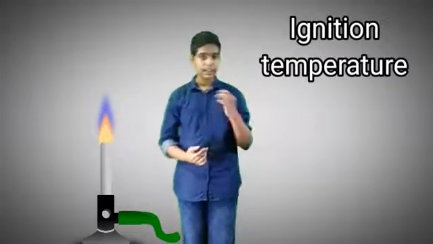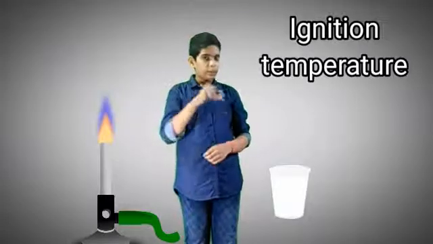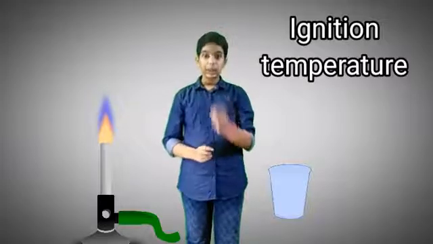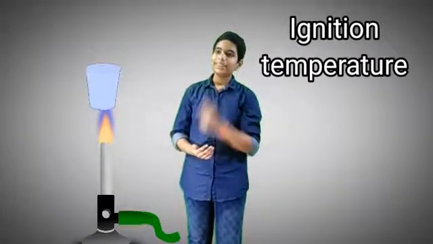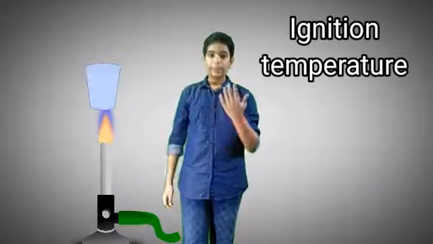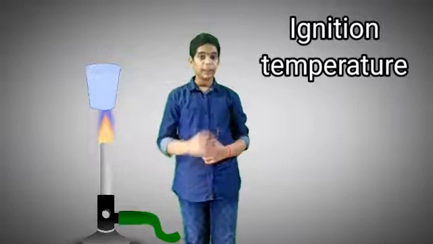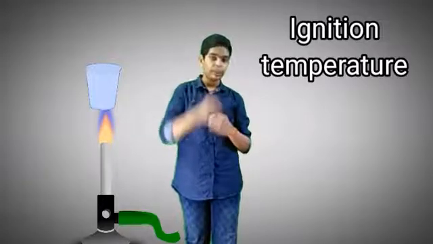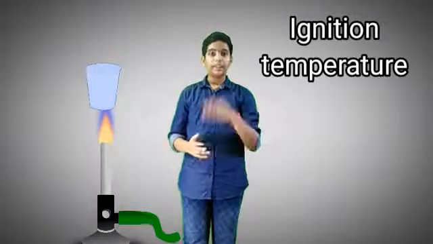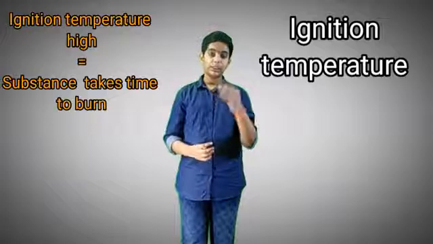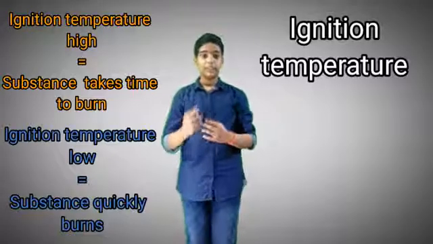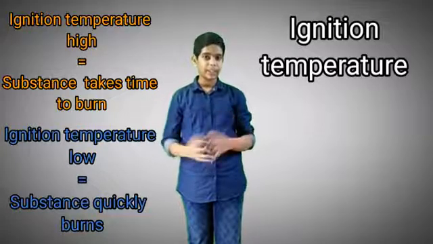Now let us take another paper cup and pour some water or any other liquid inside it. Now let us hold it above the burner. As you can see, the paper cup doesn't burn. Do you know why? It's because the ignition temperature of the paper cup has become higher as we pour water in it. By this experiment we can say that the higher the ignition temperature, the slower the combustion process takes place, and at a lower temperature, the combustible substance catches fire very quickly.